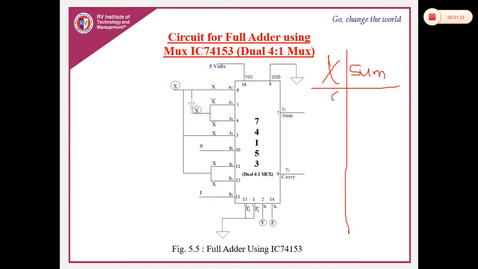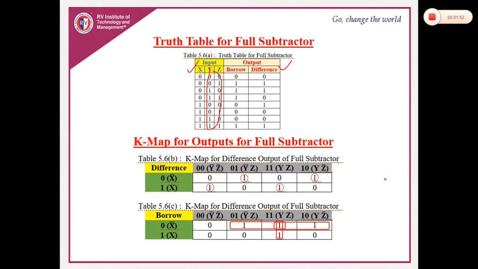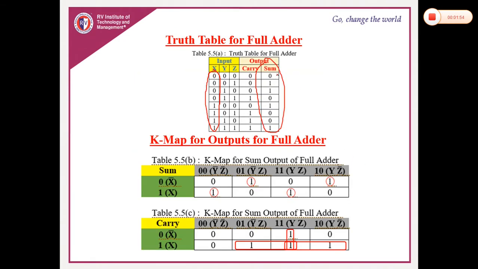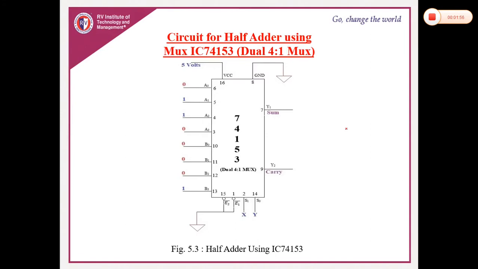The X input is 0 0 0 0, then 1 1 1 1. Now see the expected sum output. It is 0 1 1 0, then 1 0 0 1. You can see the truth table for the full adder, 0 1 1 0 1 0 0 1, the same thing I have written here.